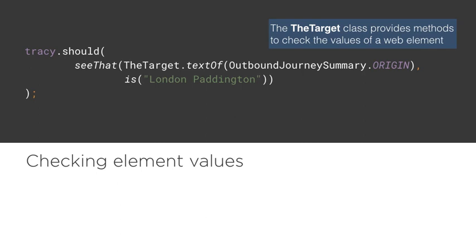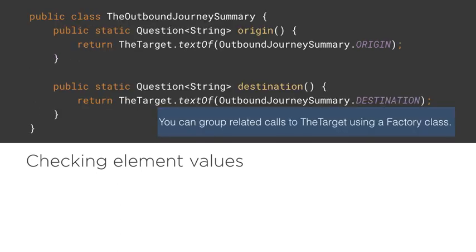When you do the assertion this way, you're actually exposing the target or the page object element inside the test level, and for a larger test you may not want to do that. You may want to have something a little bit more concise, in which case you can do what we did in the previous exercise, where we use a factory method. We group these Target text of calls into a single class, and we refer to them using business domain related methods like origin and destination in this case.